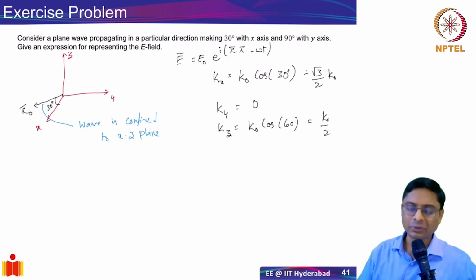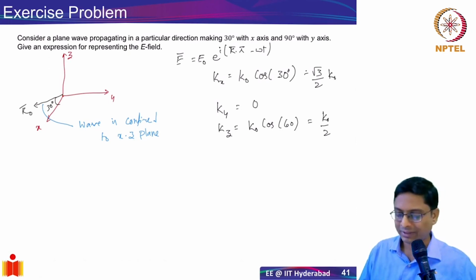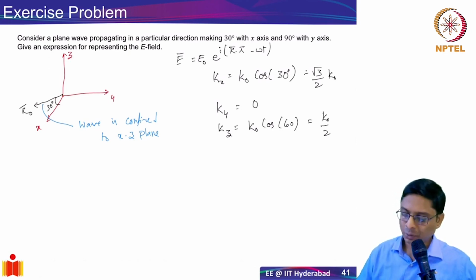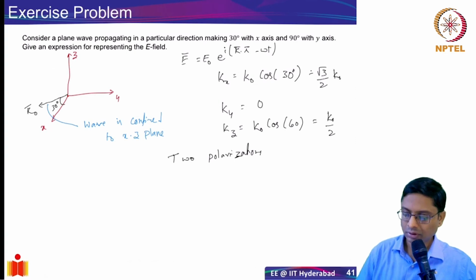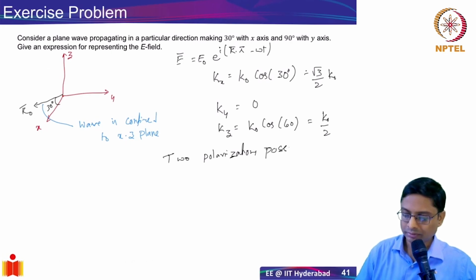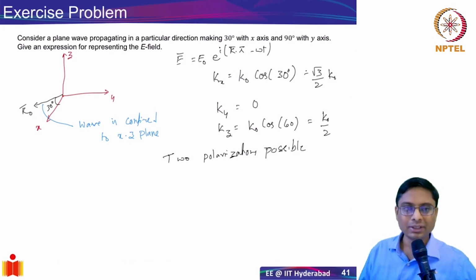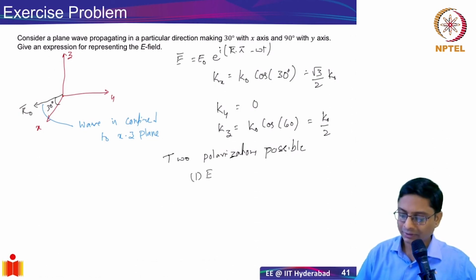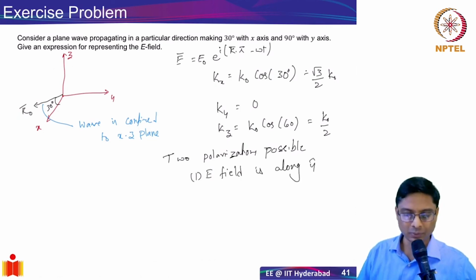And so we say that if you have a normal plane wave, you can have two possible polarizations. Two polarizations possible. One is E along the y direction. Electric field is along y cap. That's one polarization that is possible. So in this case, my electric field expression turns out to be quite simple.